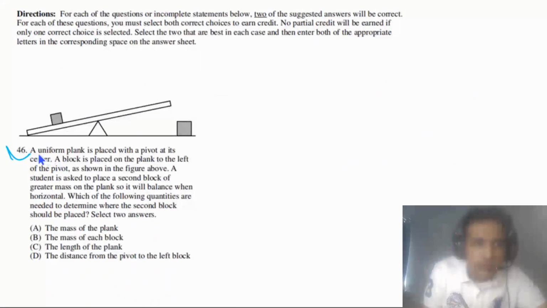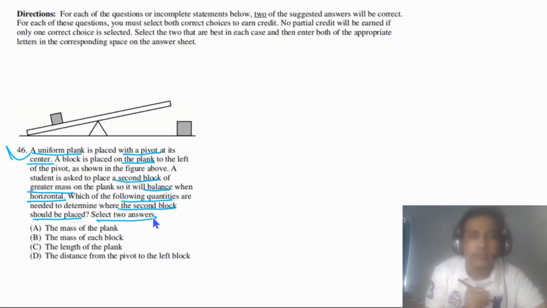Question 46 says a uniform plank is placed with a pivot at its center. A block is placed on the plank to the left of the pivot as shown in the figure above. A student is asked to place a second block of greater mass on the plank so it will balance when horizontal. Which of the following quantities are needed to determine where the second block should be placed?